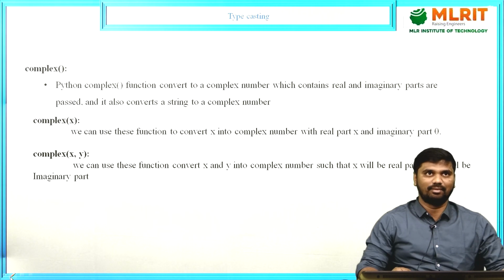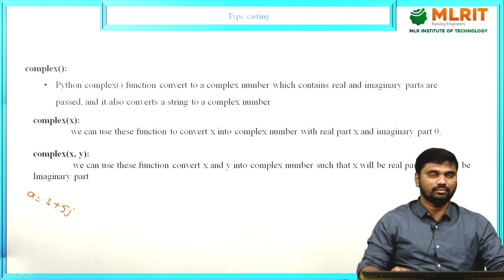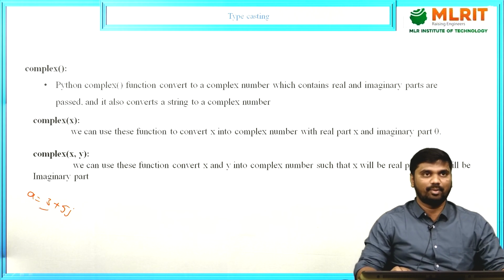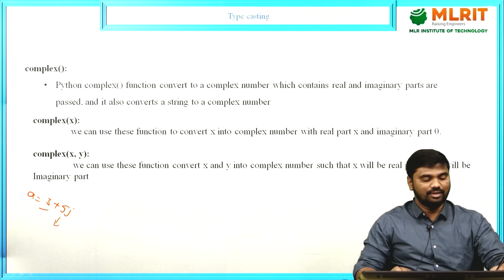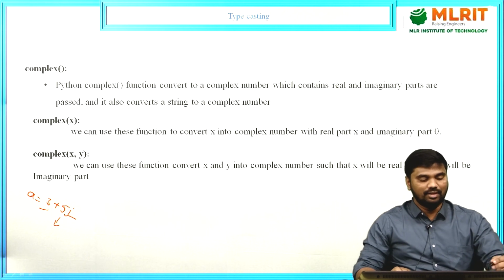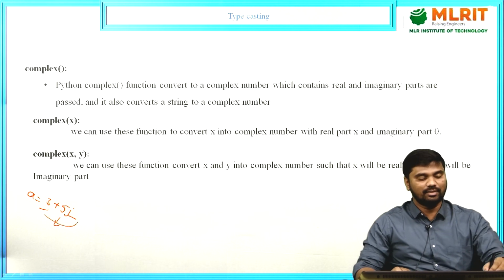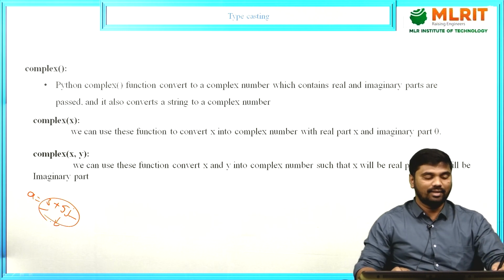For example, if you take a complex number a equals 3 plus 5j, here 3 is the real part of the number and 5 is the imaginary part, and the j suffix represents the square root of minus 1. We can use a lowercase j or an uppercase J. So this is the complex type.